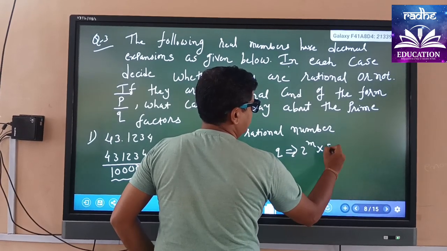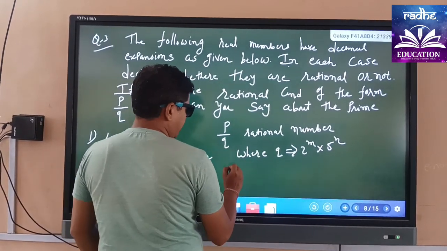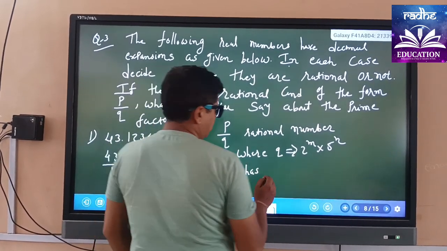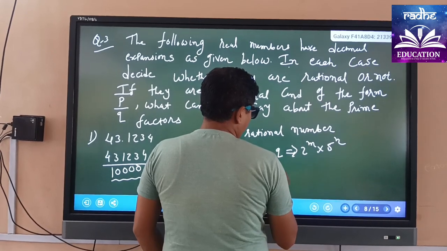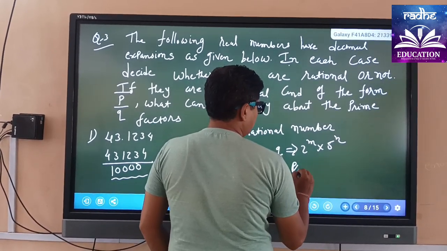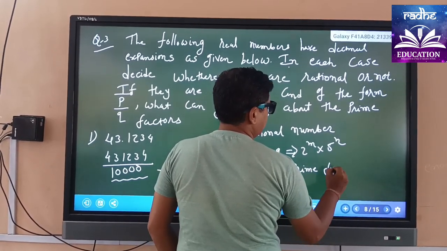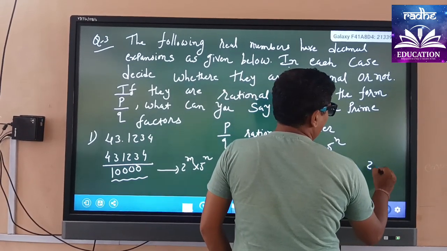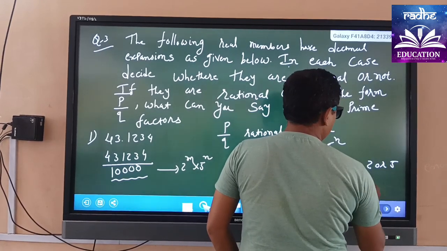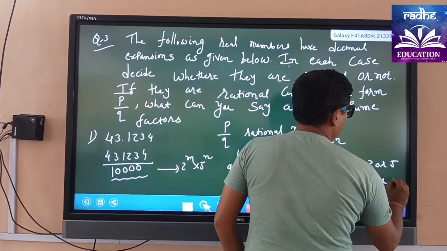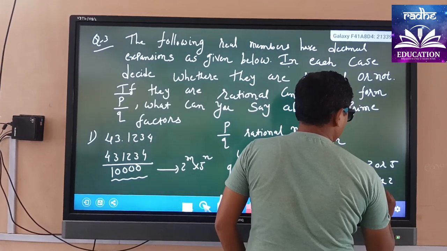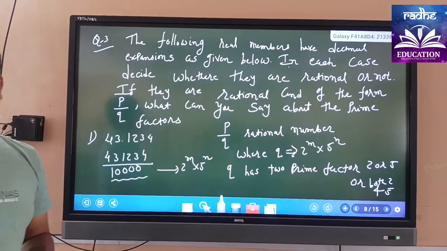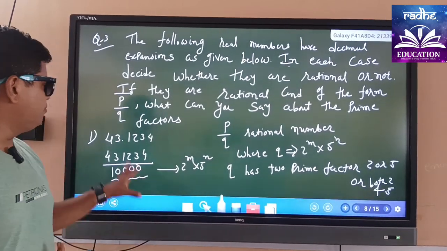So q has prime factors 2 or 5, or both 2 and 5. So it is a terminating decimal expansion. I hope you understand here.